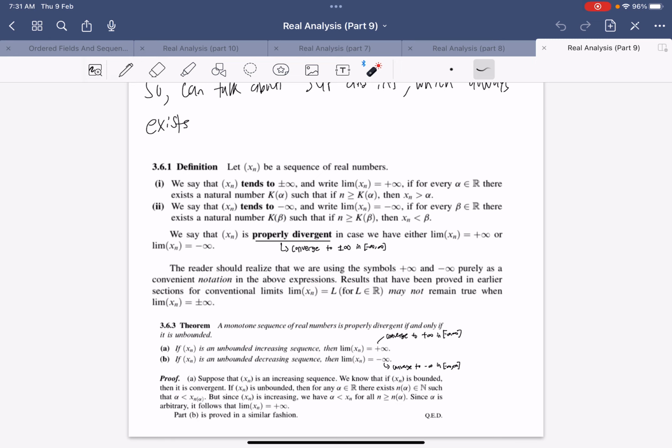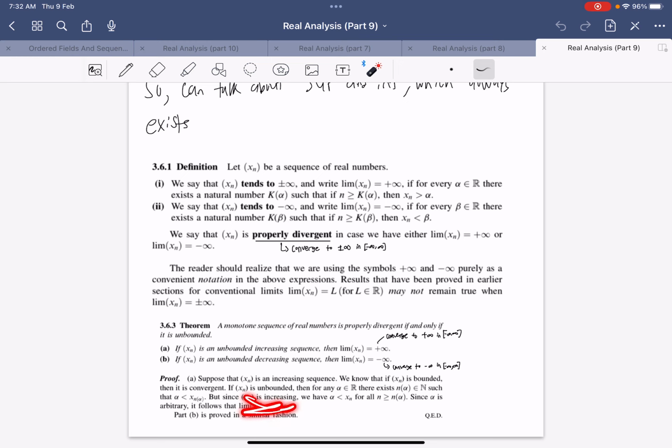So let's prove it. Suppose that xn is an increasing sequence. If xn is bounded, then it is convergent. If it's unbounded, then there will exist a cutoff such that xN is larger than alpha.